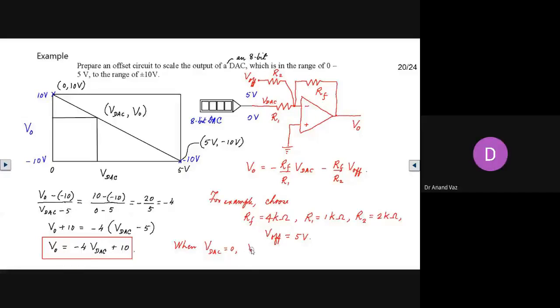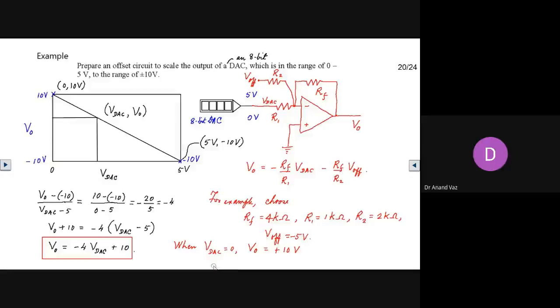So the output will be equal to minus 10. I'm sorry, you will have to take this as minus 5 volts. You'll have to choose this as minus 5 volts. Then only this will be corresponding to VDAC equal to 0. This will now correspond to plus 10 volts.